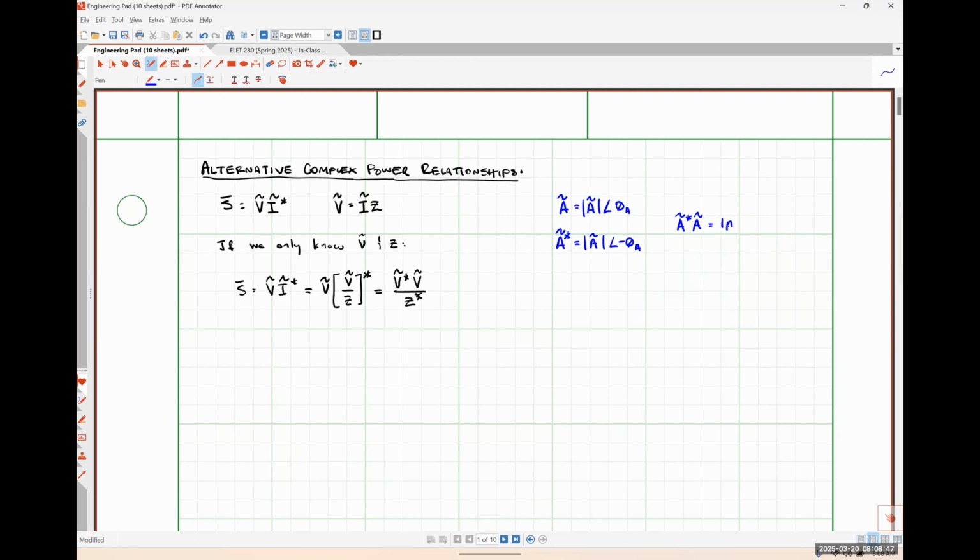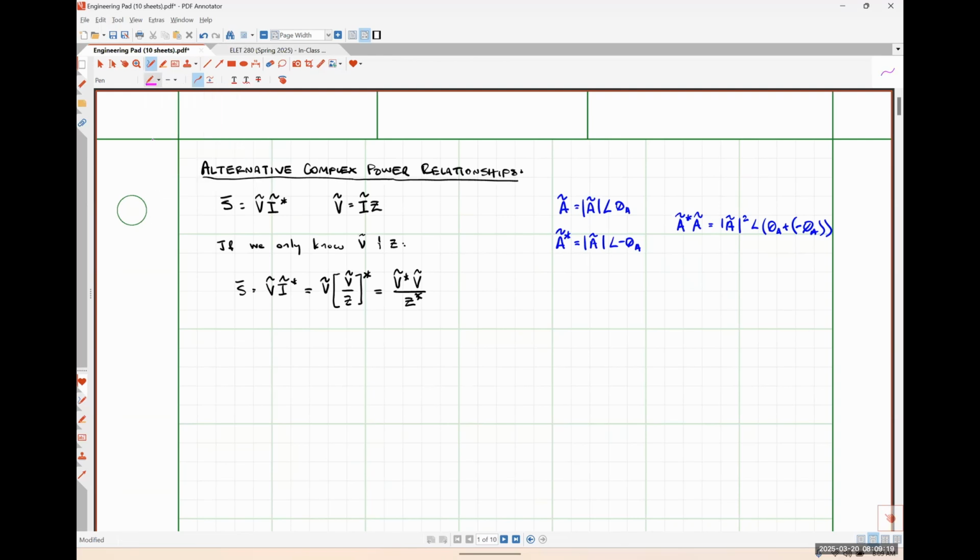Well, I would have the magnitude of A squared with an angle of theta A minus negative, hold on, that's not right, plus negative theta A. Well, what's theta A minus theta A? Not a trick question. It's just 0, right?